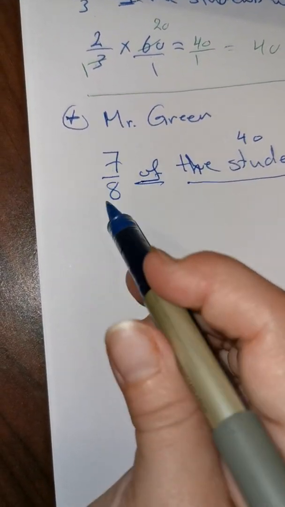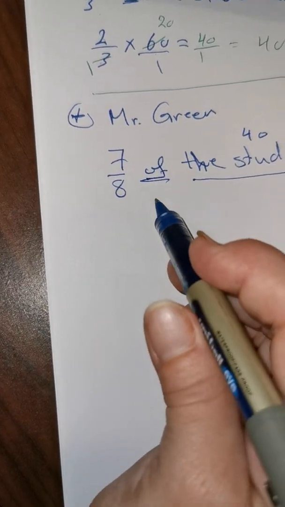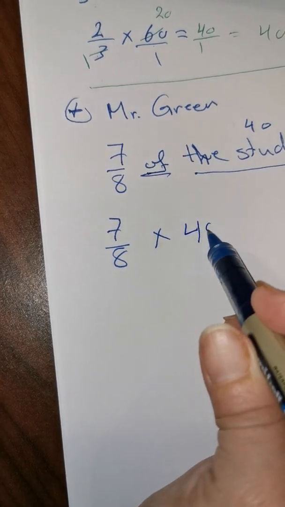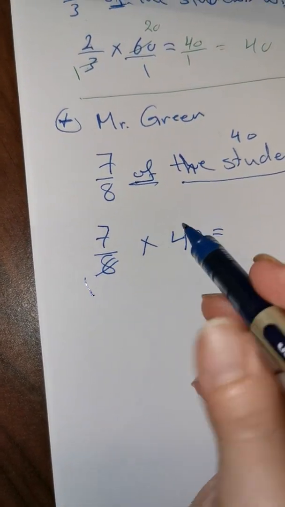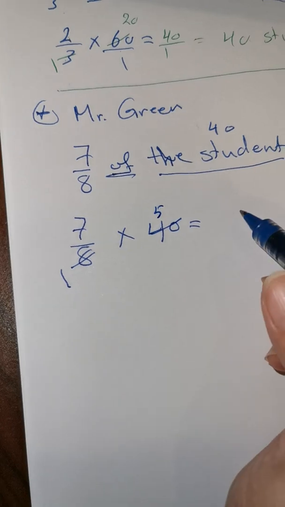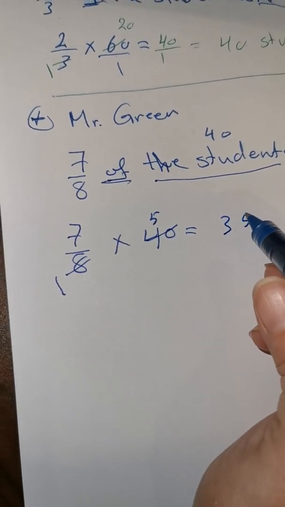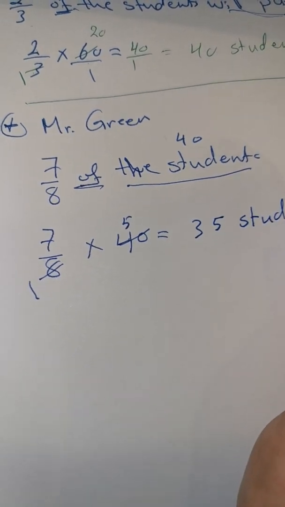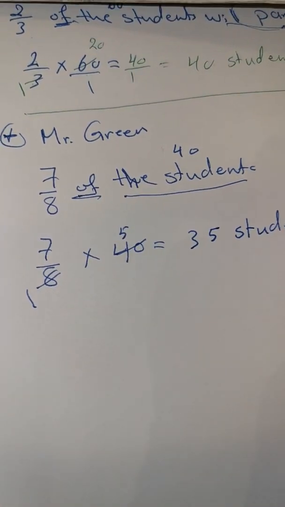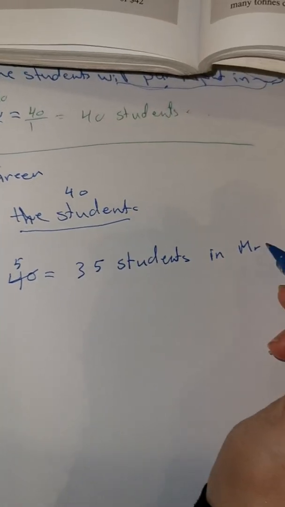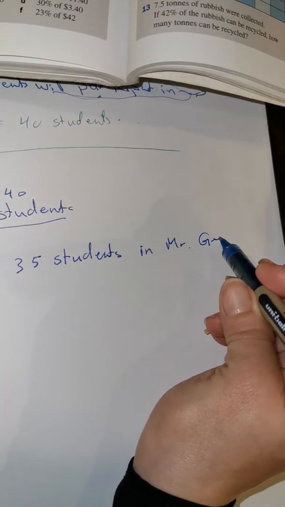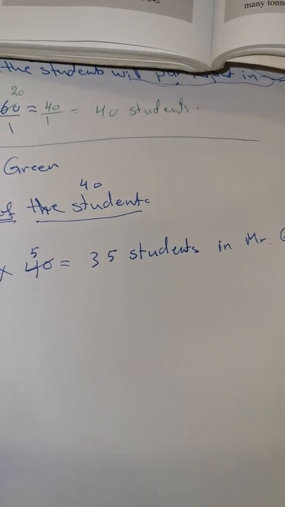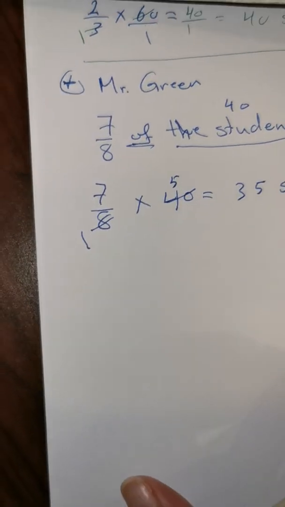You have of fraction number, so this of is a multiplication. So 7/8 times 40 student will be, this is 5, it will be 35 student in Mr. Green class. Okay, what about Mrs. Brown?